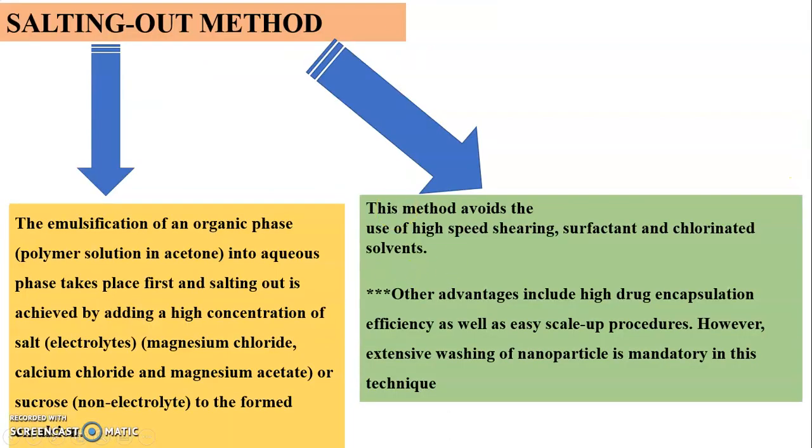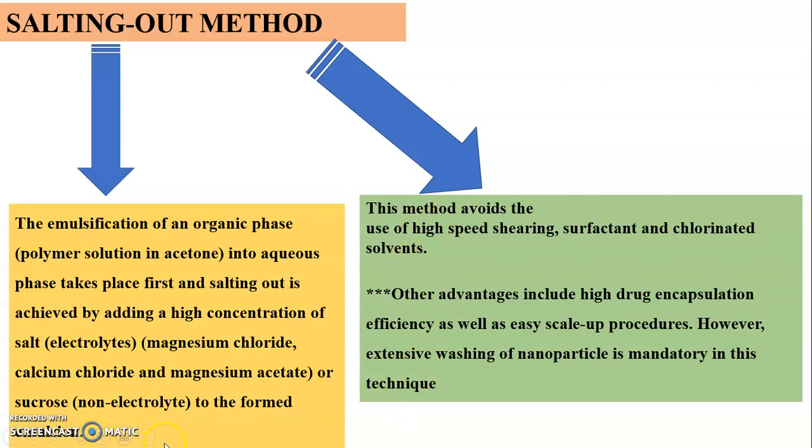The third method, that is the salting out method, is an emulsification process. Here the emulsification of an organic phase, that is the polymer solution in acetone, as we have seen in the last case, into the aqueous phase takes place first, and salting out is achieved by adding a high concentration of salt, that is electrolytes like magnesium chloride, calcium chloride and magnesium acetate, or sucrose, which is a non-electrolyte, to the formed emulsion.